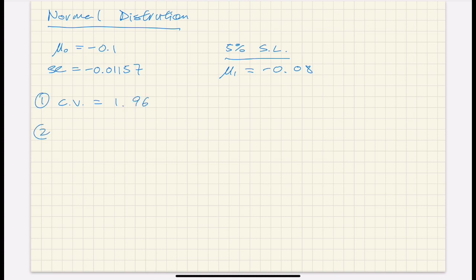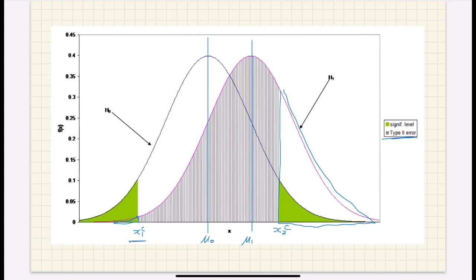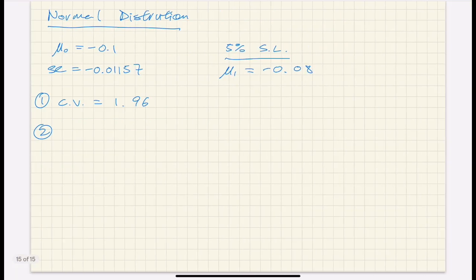Then part 2, we want to find the actual values that you want to plot on the graph. So these two, x1c and x2c, and you do this by writing out this formula. So let's call it b minus mu naught, which is negative 0.1, divided by the standard error.